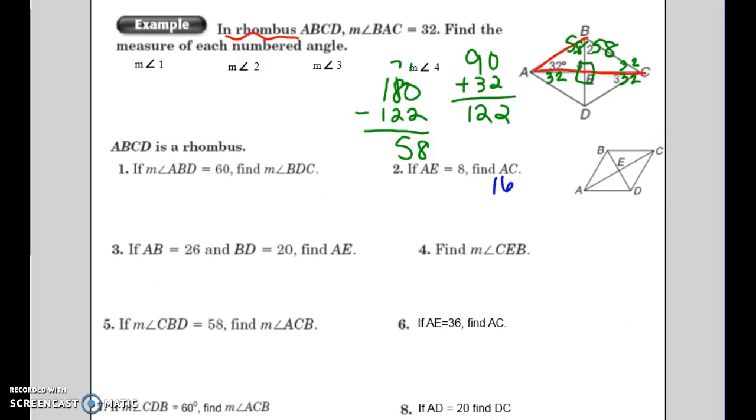It's telling me that AB is 26. And then it's going to tell me that BD is 20. BD is 20, right? How big is AE? It's a rhombus. Any ideas of what to do?